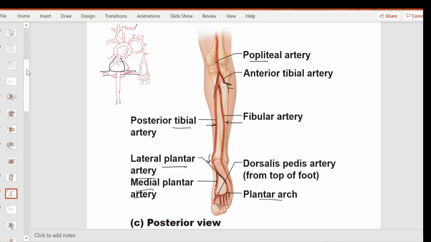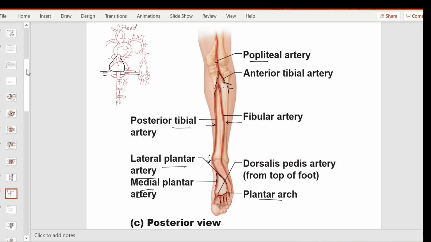And from the front we get the unpaired single arteries, celiac trunk. It gives how many branches? Three: hepatic, gastric, splenic. Okay, so this is celiac trunk. Then superior mesenteric for the intestine, right? Superior is mainly for the small intestine, inferior mesenteric mainly for the large intestine.